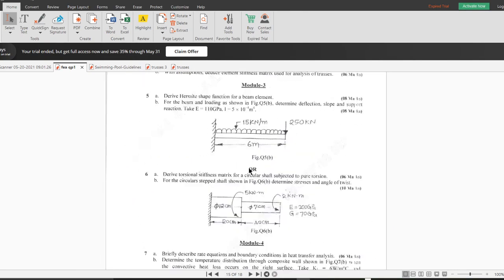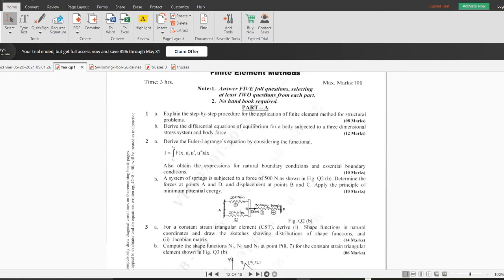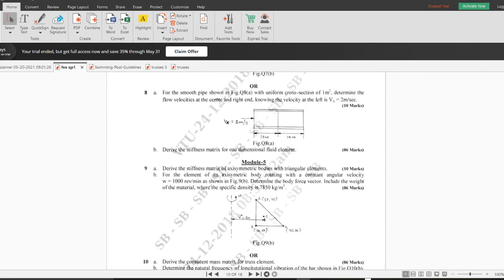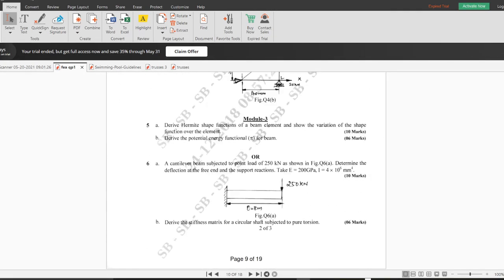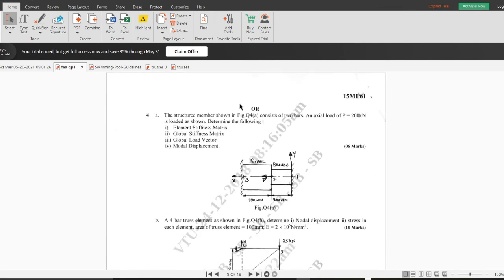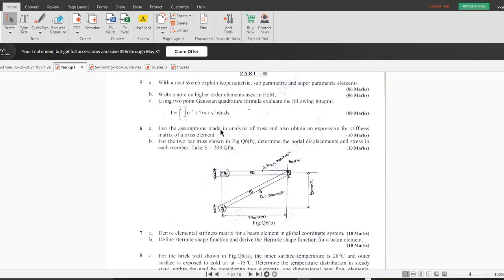So we have almost covered all the question paper problems, as you can see. Almost the same problem is repeated, maybe the values are changed. Here there is no theory question: list the assumptions made in the truss and obtain the stiffness matrix, 10 marks.